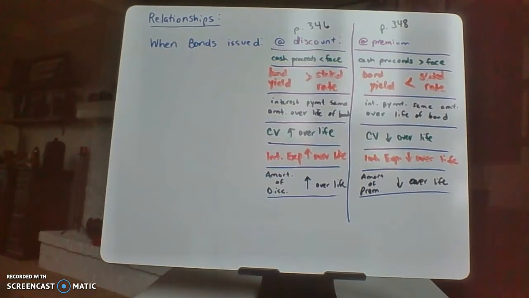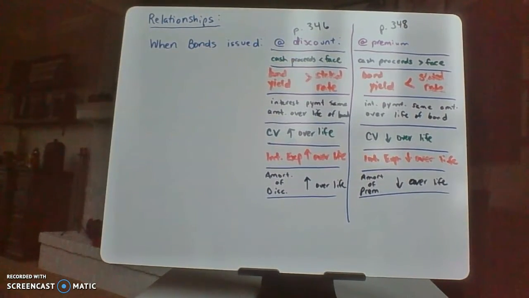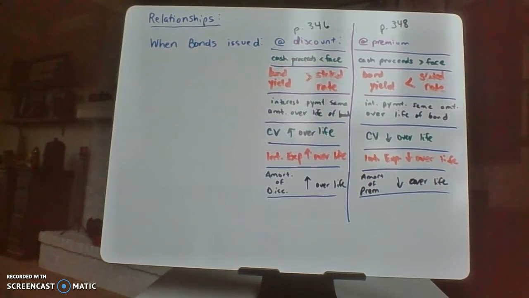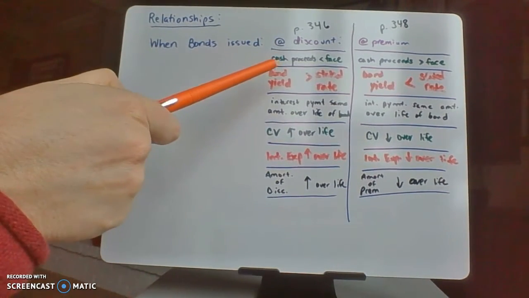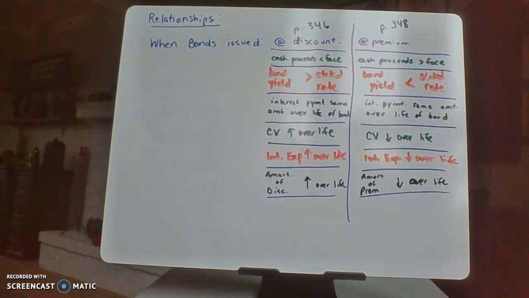So when a bond is issued at a discount, the cash proceeds, or the amount of cash you get for the bonds that you issue, is less than the face value on those bonds. So at a discount, it's saying I would get maybe $980 on a $1,000 face bond. The bond yield percentage is going to be greater than the stated rate.